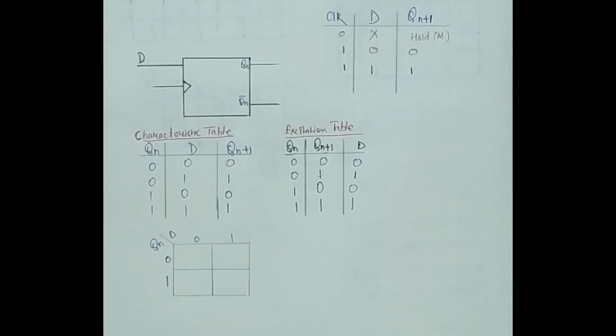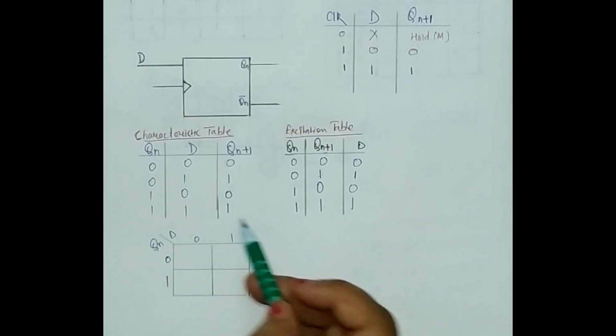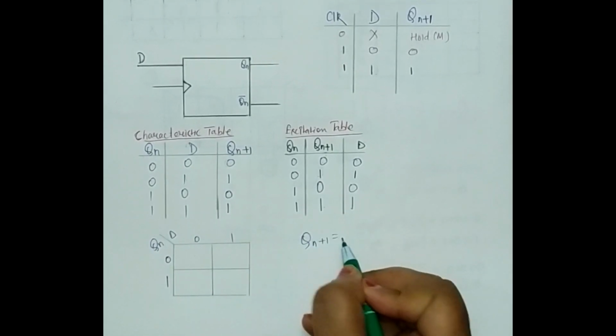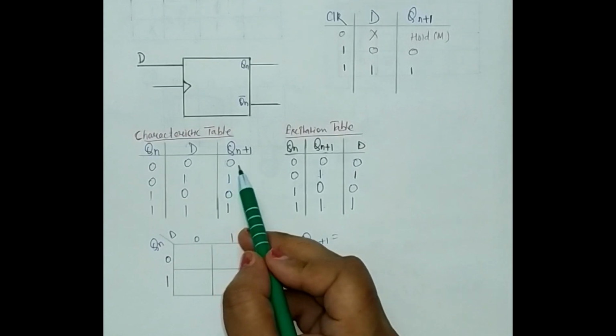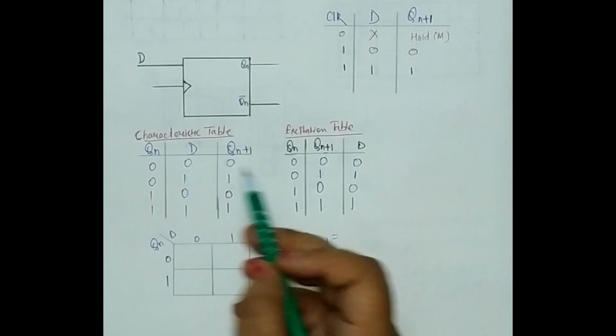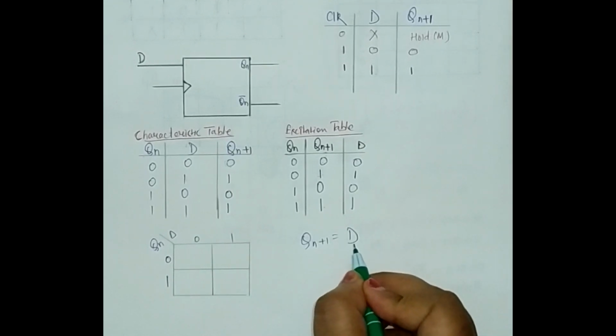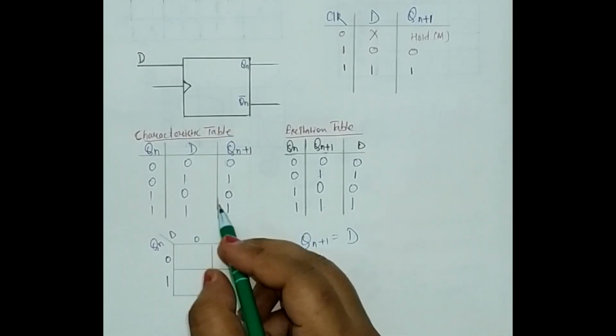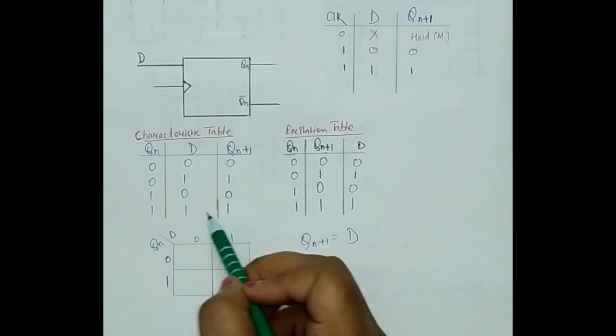If you have to write down the characteristics equation, that is Qn plus 1. I just told you that Qn plus 1, the next state value, is the value of the input D. So Qn plus 1 equals D. Or you can derive the same equation from the K-map of this characteristics table.